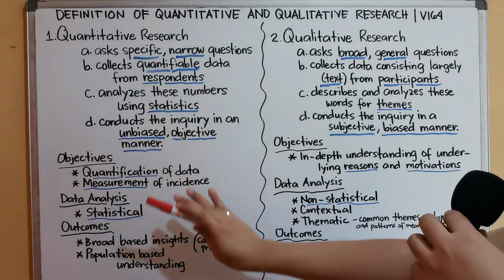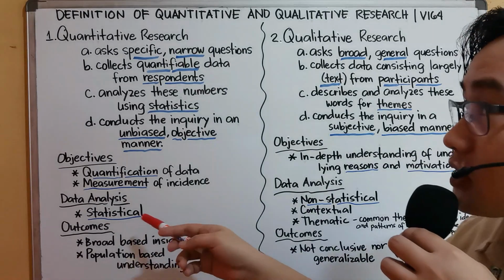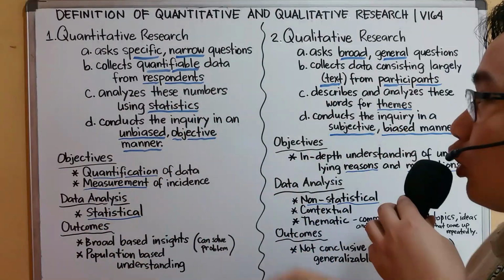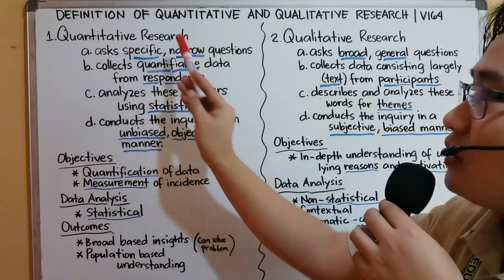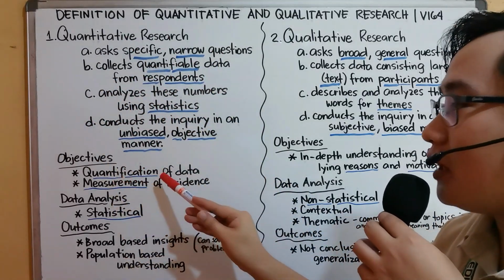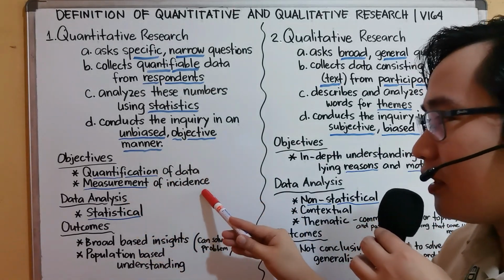So, now proceed tayo sa mga objectives, data analysis, at saka outcomes of these particular methods in research. So, if we are going to talk about the quantitative research, ang objectives talaga niya is quantification of data, measurement of incidents.